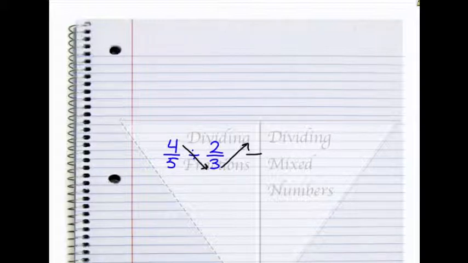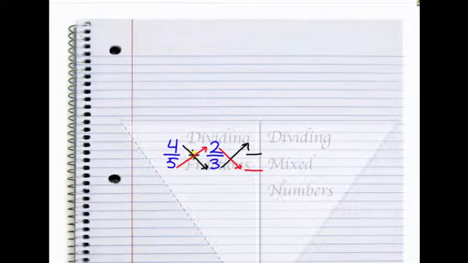Then we're going to start at the 5, bounce up to the 2, and back down to create the denominator in our solution. When we cross our bouncing balls, we make an X in the middle, which reminds us that we need to multiply, not divide.